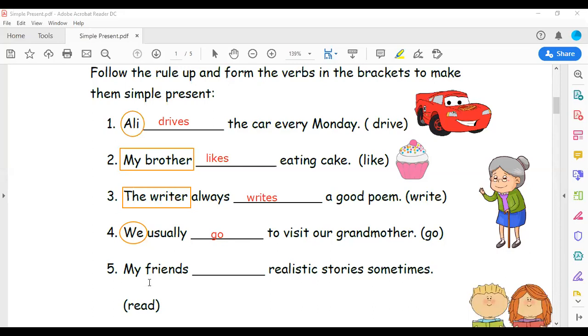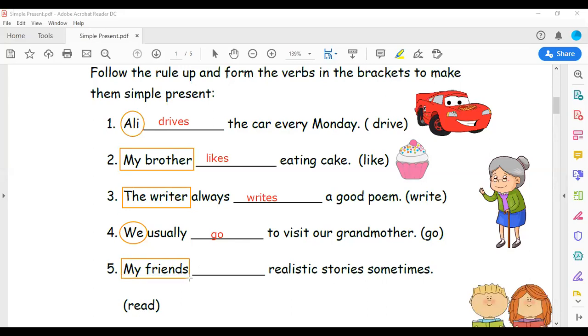Number 5. My friends realistic stories sometimes. Realistic story means real stories. Okay, and I have the verb read. So the first thing I do, I look at the subject.